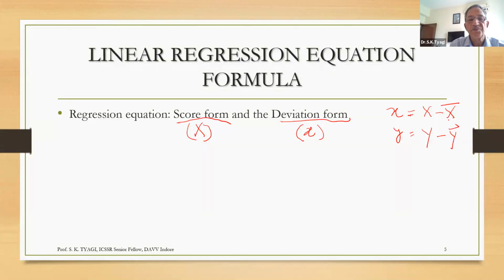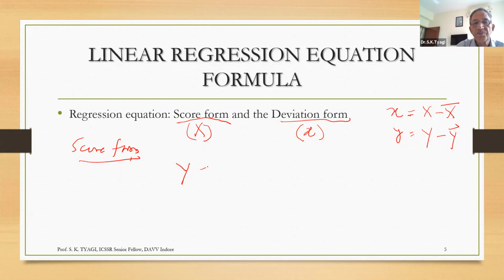So we can set up the equation in the form of x and y, and in the form of small x and small y. Let us begin with the score form. In the form of score, the regression equation is Y is equal to a plus bX.